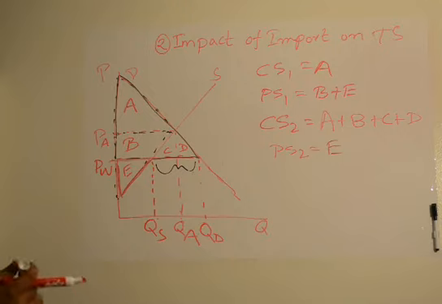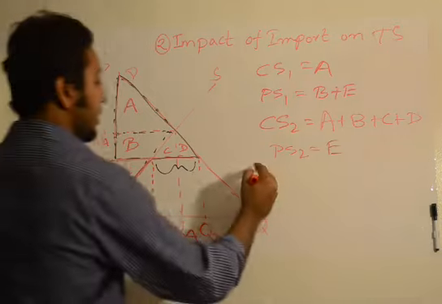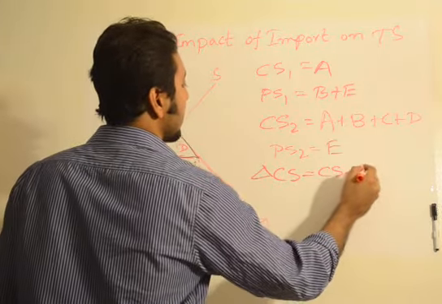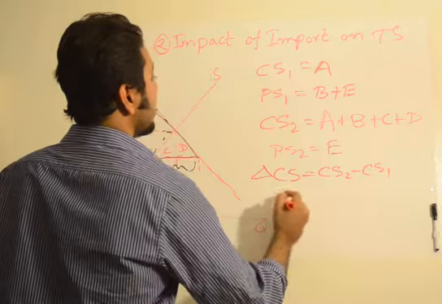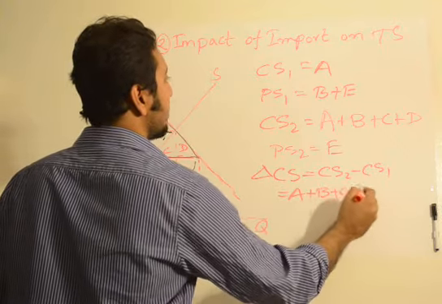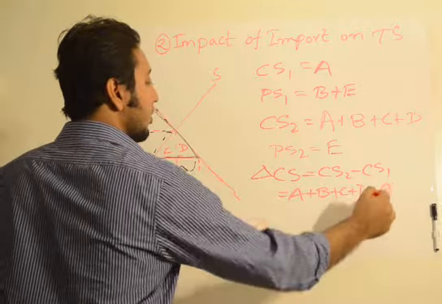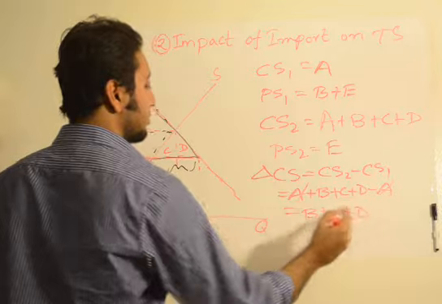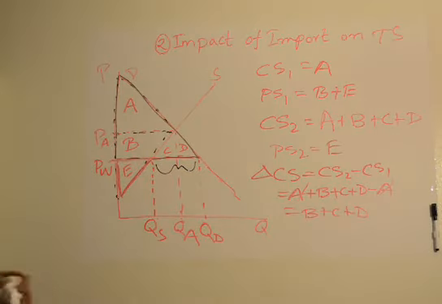Okay, let's try to find out the change in consumer surplus of the trade then. Del CS equals CS2 minus CS1, which is equal to A plus B plus C plus D minus A. So we cancel these, we have B plus C plus D. That's the change in consumer surplus.